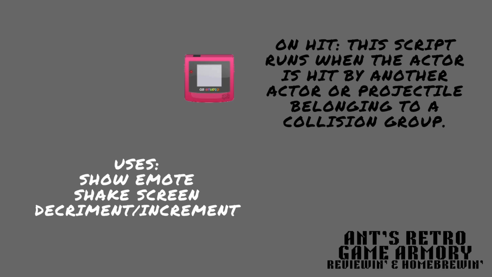So this all depends on what you want to happen when your player gets hit. So in my micro platformer Portrait of Vondrak, we shake the screen and show an emote to show that he lost health. You can also decrement and increment health or supplies, whichever works for your game. But the other one I forgot to put on here actually that's quite useful is you can change the sprite.